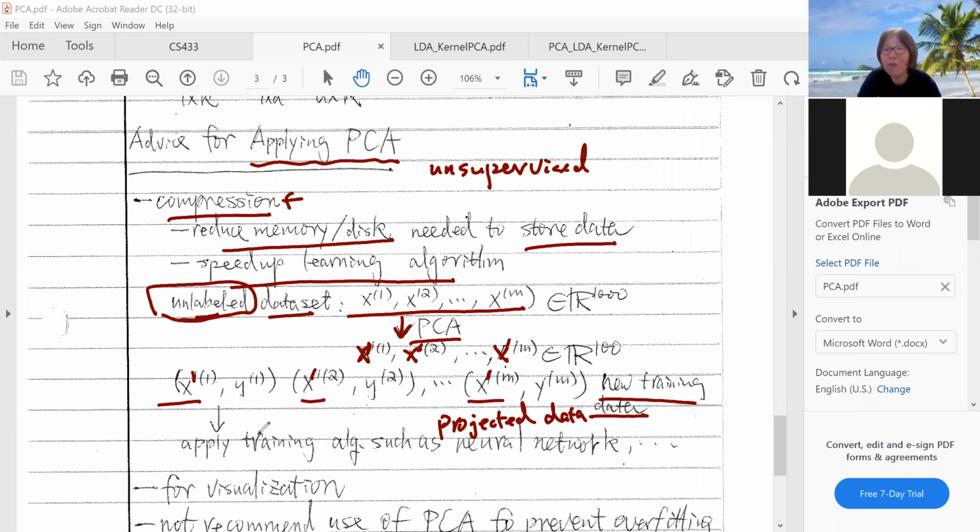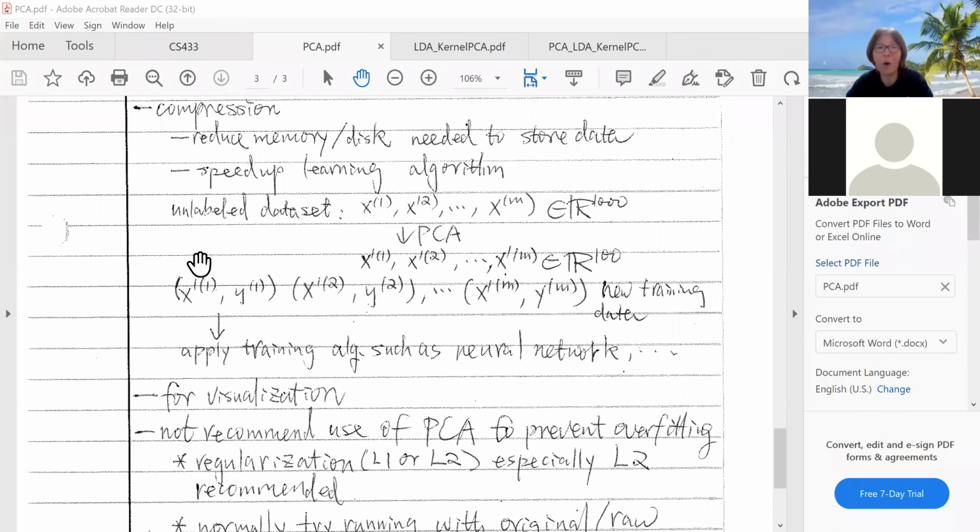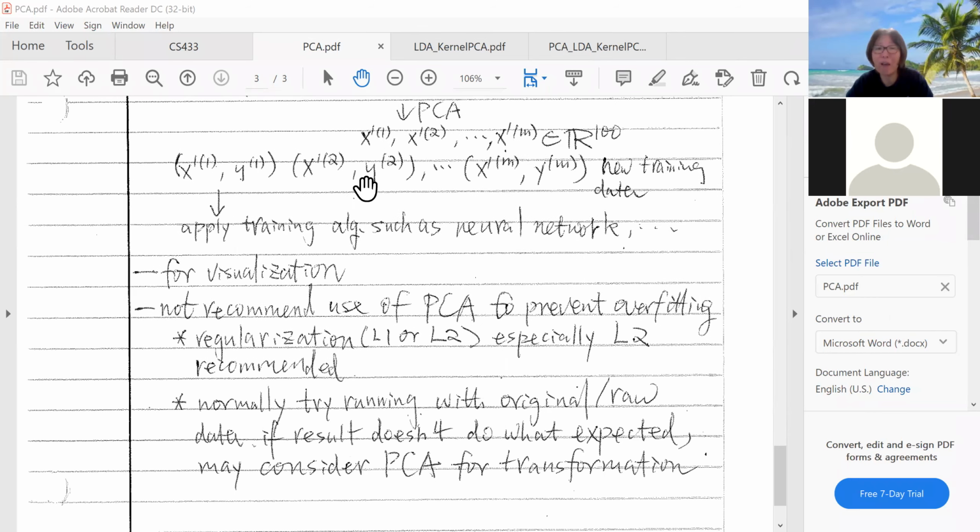And after you have this projection, you already reduce the features, then we can apply some training algorithm. Later on, we will learn like neural network, okay, or something else. Okay, so this is regarding applying PCA, okay.